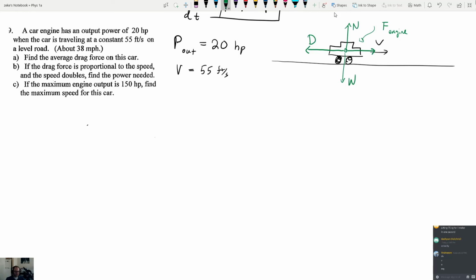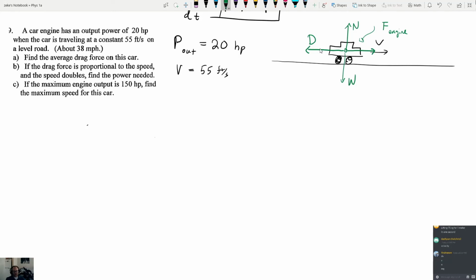The engine's turning causes the wheels to turn, which then pushes off the road, and it makes the car go. There are certainly going to be all kinds of losses and forces in there, but let's just sum all that up and say that's the force of the engine. And we'll basically say that the drag force is going to account for any loss of energy. So, those are all of our forces.